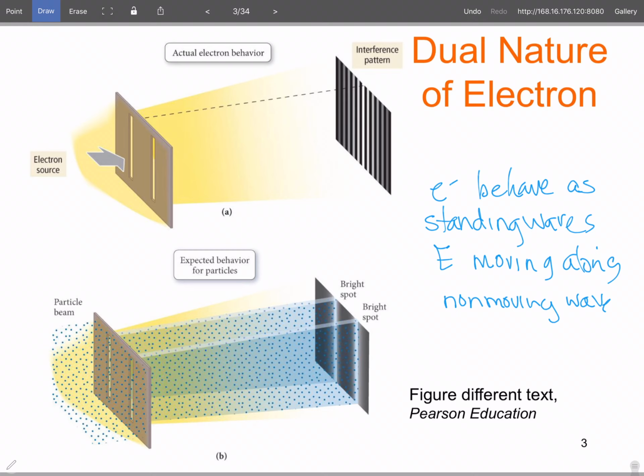If you've got a whole bunch of particles, let's think of BBs that you're shooting through, then when you move them through the slit, you're only going to have two areas where they're going to impact because they come straight through the slit because they're particles. Waves, on the other hand, are going to constructively and destructively interfere, and so you're going to get a light and dark pattern. So when you run electrons through slits, they don't behave like particles, they actually behave like waves.